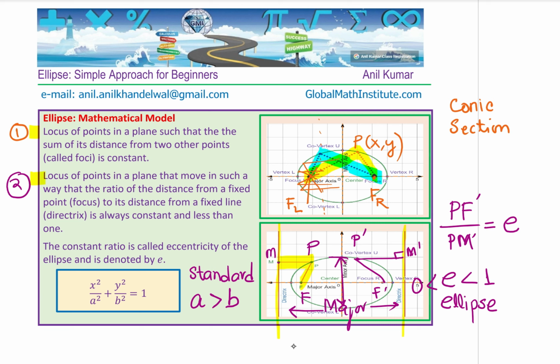But I hope you have understood the concept, the base to model an ellipse, right? So the distance formula, the distance from a point P to the focus, and the distance from a point P to the line called directrix, that ratio is E, and that helps us to get this equation, which is true for any ellipse whose center is at the origin. Perfect.